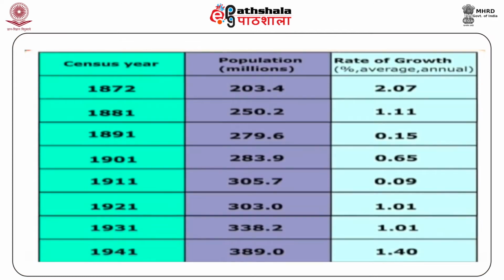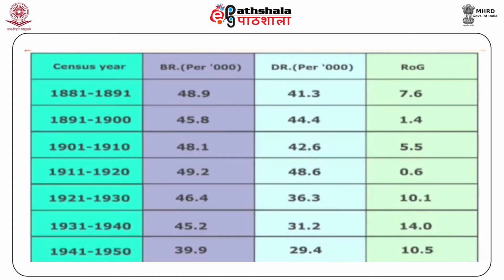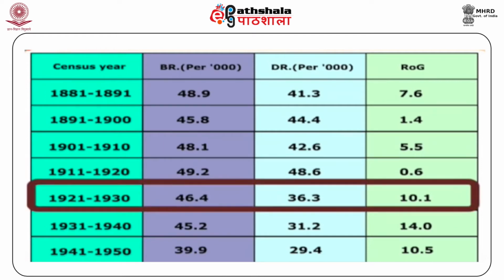This table shows an acceleration of population growth around the year 1921. In the table, we can see that there is a significant gap between birth rate and the death rate from 1921. The death rate prior to 1921 was high and erratic, whereas birth rate prior to 1921 was high but comparatively steady, at least not erratic like the death rate.